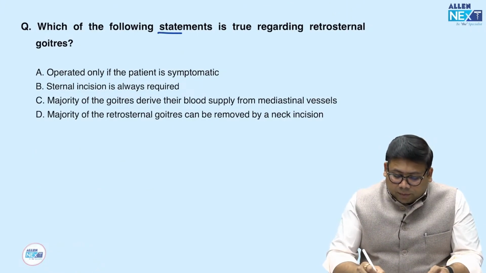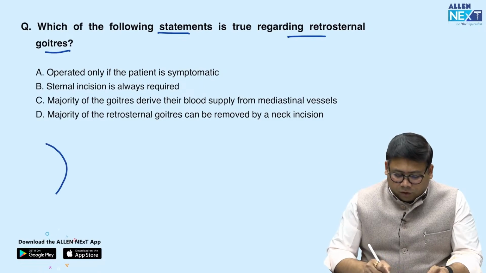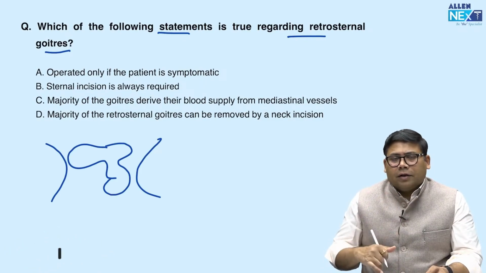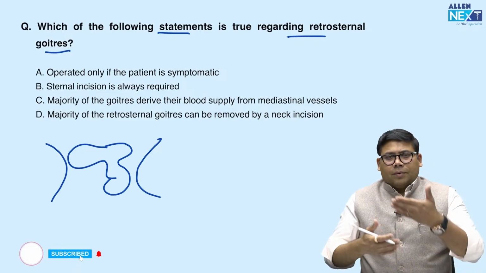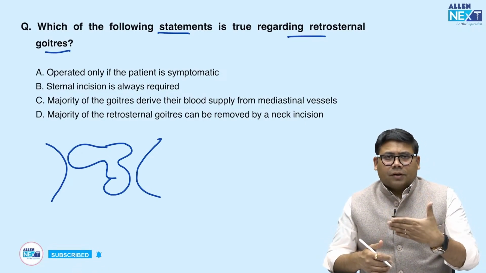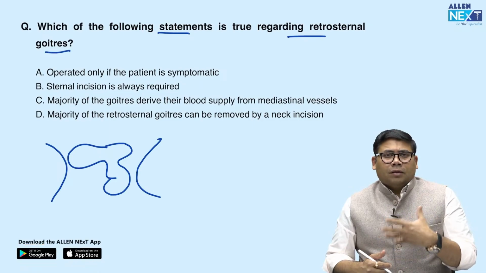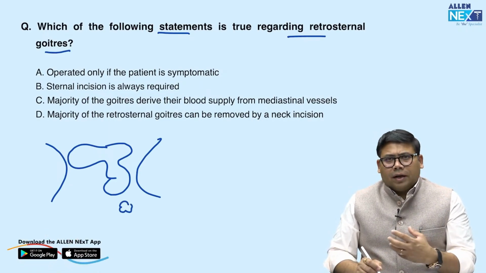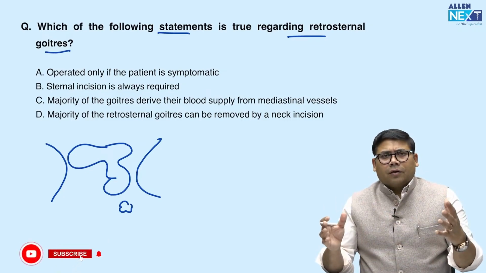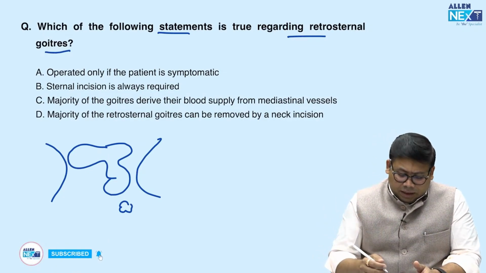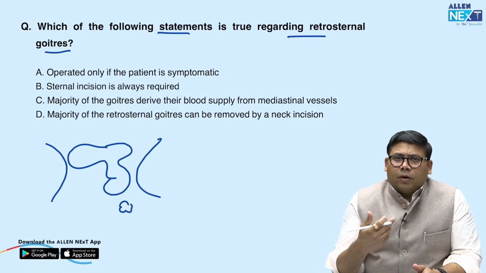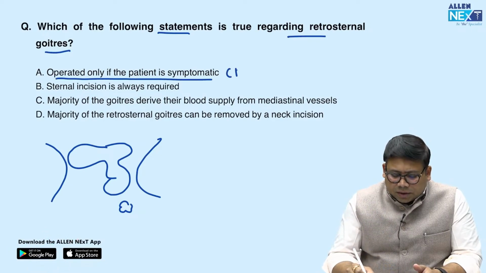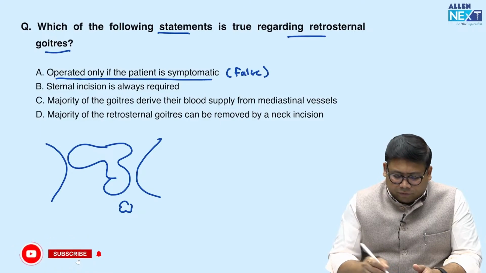Which of the following statements is true regarding the retrosternal goiter? What is a retrosternal goiter? It may be a goiter extending from the neck behind the sternum into the mediastinum, that is, retrosternal extension of the neck gland. Or it may be a primary ectopic thyroid tissue turning goitrous. Anyway, retrosternal goiters need to be removed, so operating only if the patient is symptomatic is partially true, but I would consider it false.